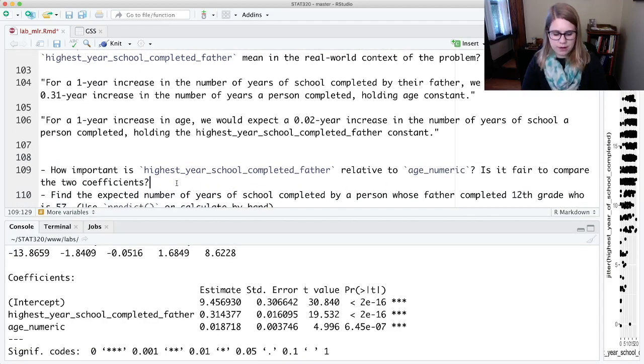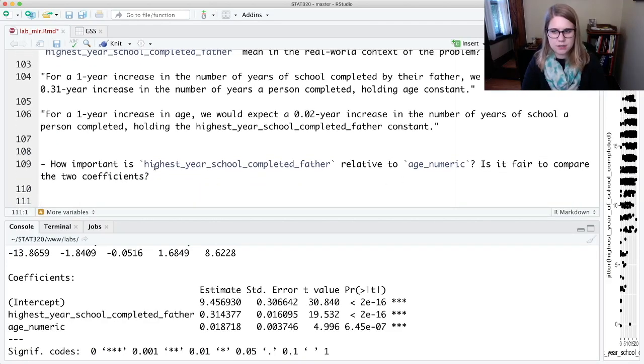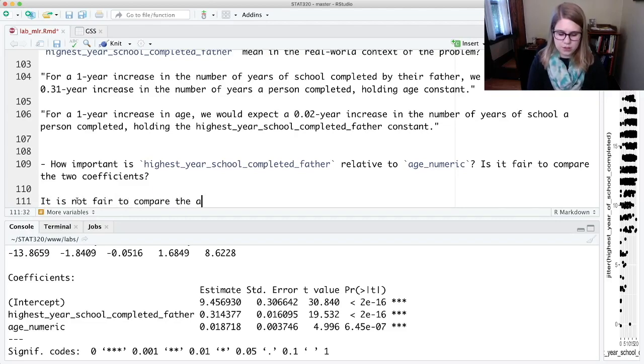Then there's a question about the importance of these coefficients. So is highest year of school completed more important than age numeric? And is it fair to compare the two coefficients? And the answer is, like, we don't know. It is not fair to compare the coefficients because the data is not on the same scale.